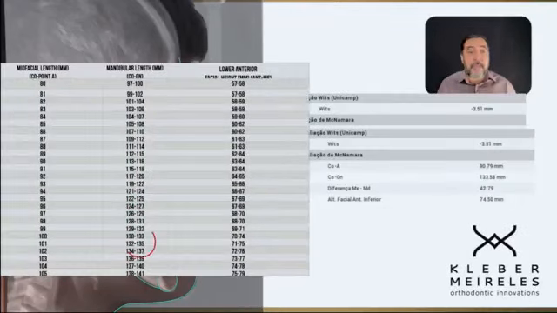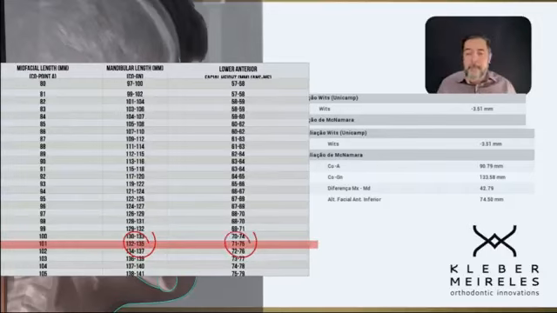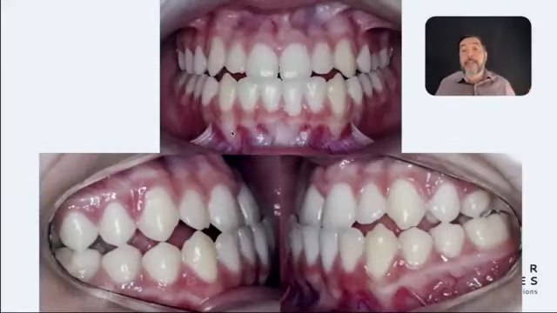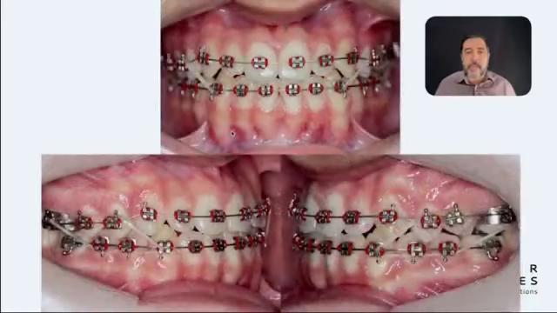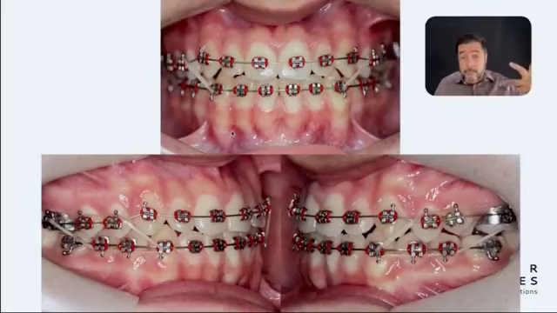Here we have the McNamara table showing that for that maxilla, considering a good mandible, I could increase lower anterior face height. And I did that using elastics. Since day one, again, I'm telling you this, we have the extrusion of upper molars and rotation of the mandible down and backwards, which is very good for us.